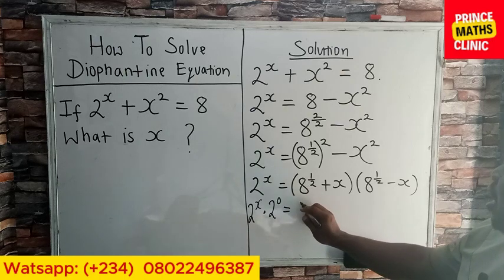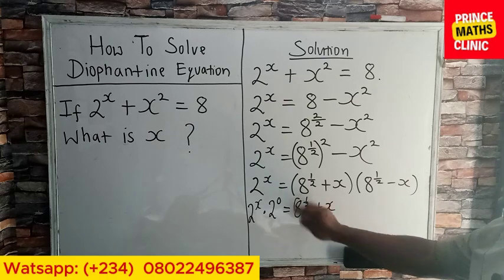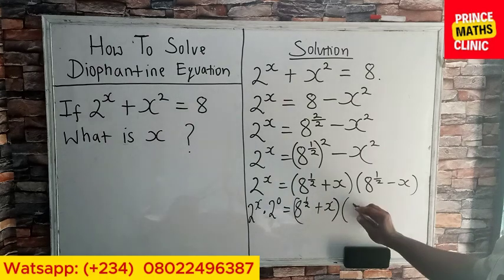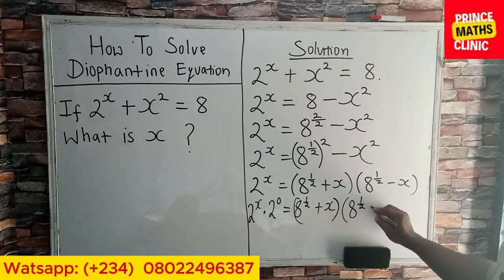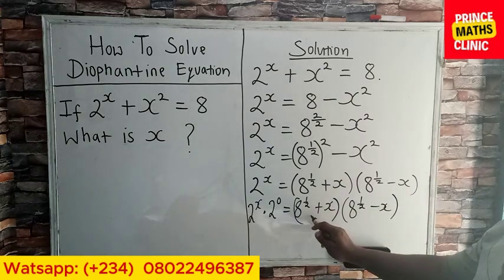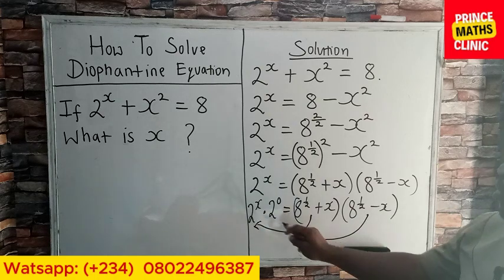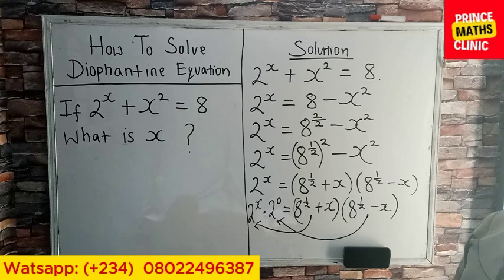Then here I will have 8 to the power of half plus x, and here 8 to the power of half minus x. So at this point, I will equate this to this and equate this other factor to this. That's what I want to do now.